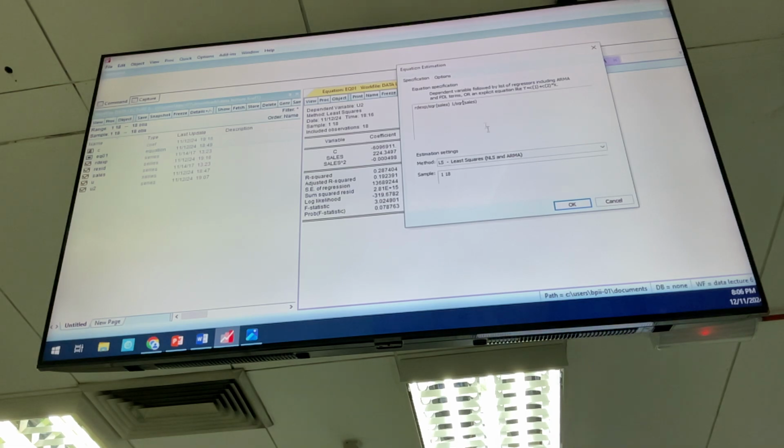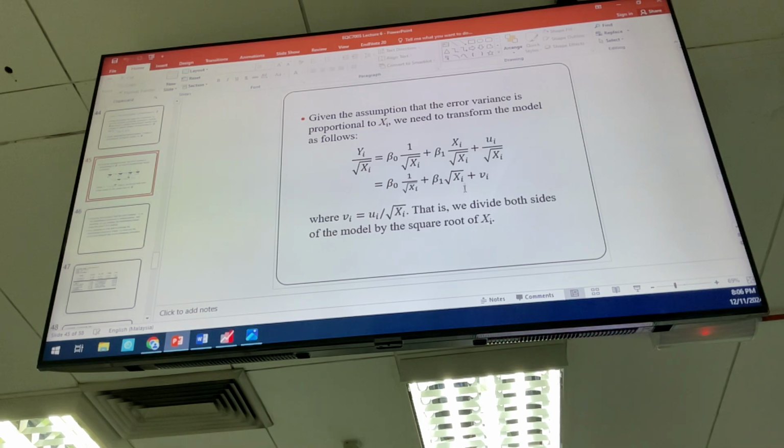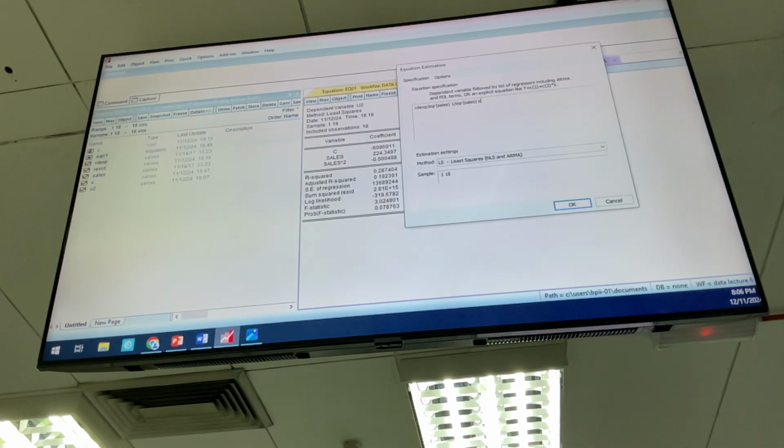And then you refer to this one, square root of sales, SQR.